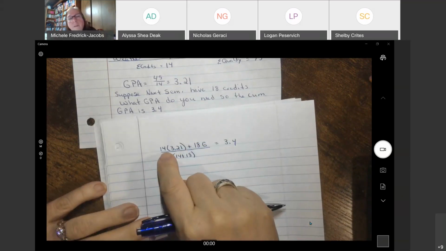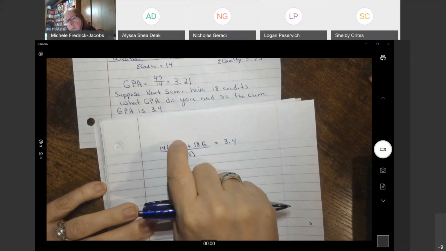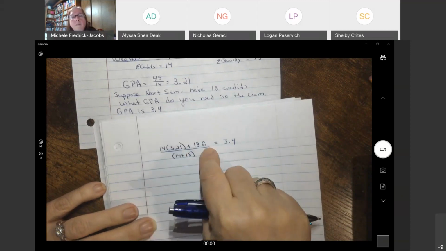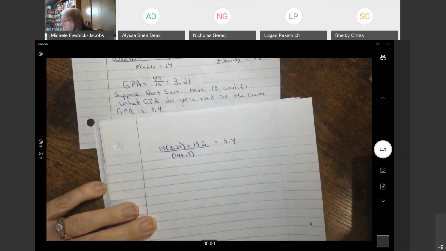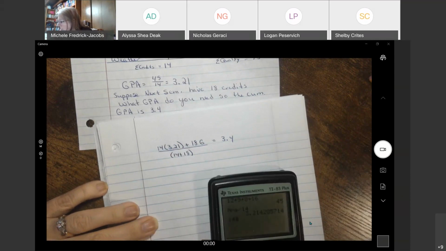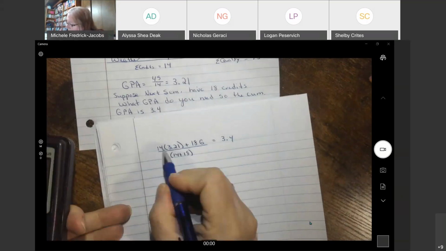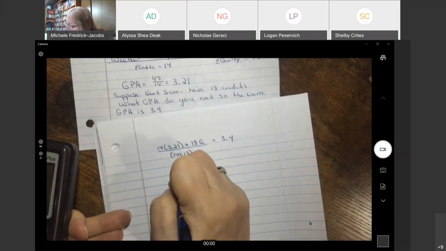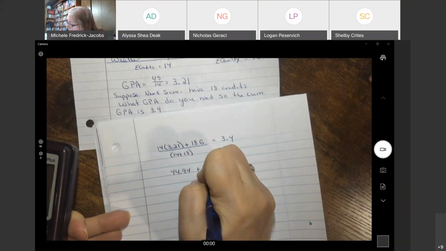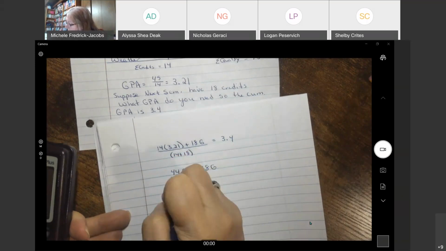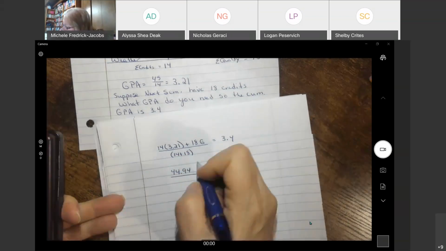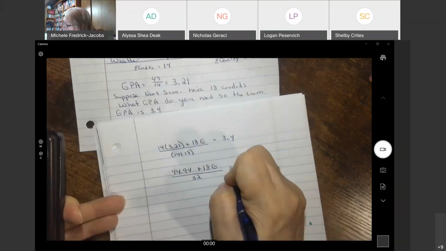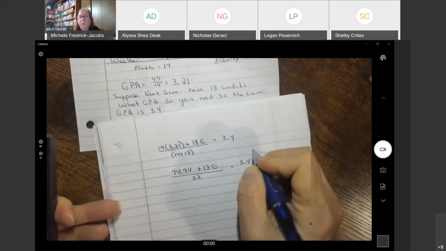For this one, we're assuming this is the first semester, and this will be the second one. So if we add these up and multiply these, 14 times 3.21 is 44.94, plus the 18 times G, over 14 plus 18, which is 32, equals 3.4.